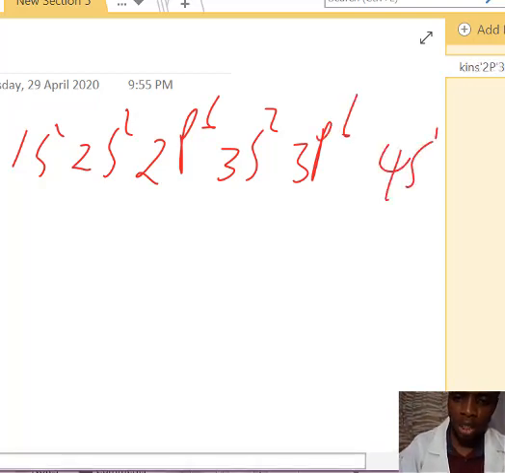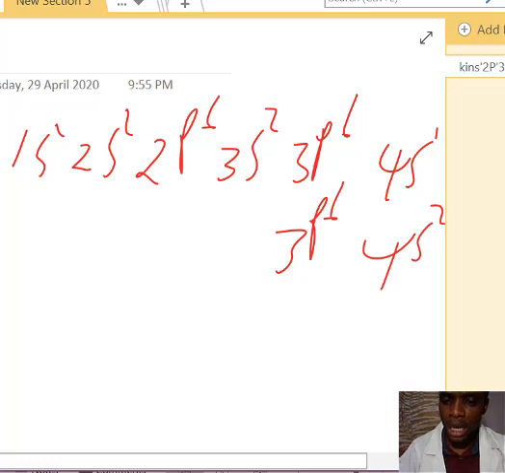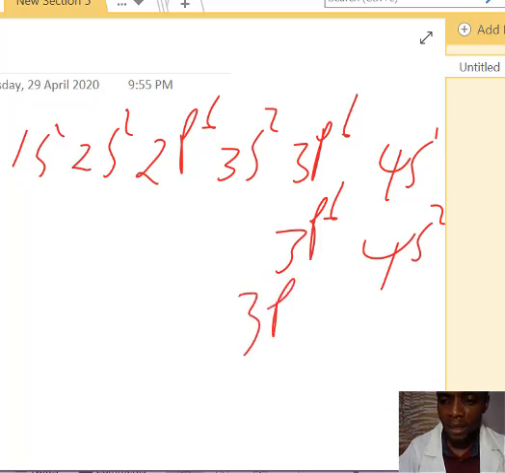The same thing, calcium, which is number 20, is going to be 3p6, 4s2. Then if you want to continue with scandium, which is number 21, it will be 3p6, 4s2, then we'll be having 3d1.